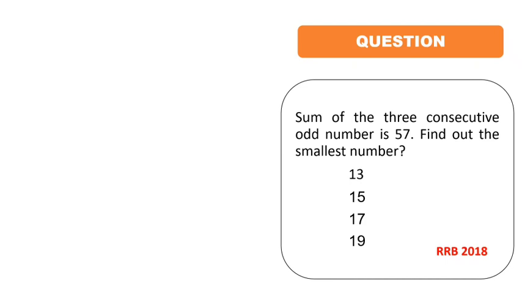So here we have the concept of odd numbers and even numbers. Odd numbers are numbers like 1, 3, 5, 7, 9. And numbers like 2, 4, 6, 8 are called even numbers. So here we are talking about three consecutive odd numbers.